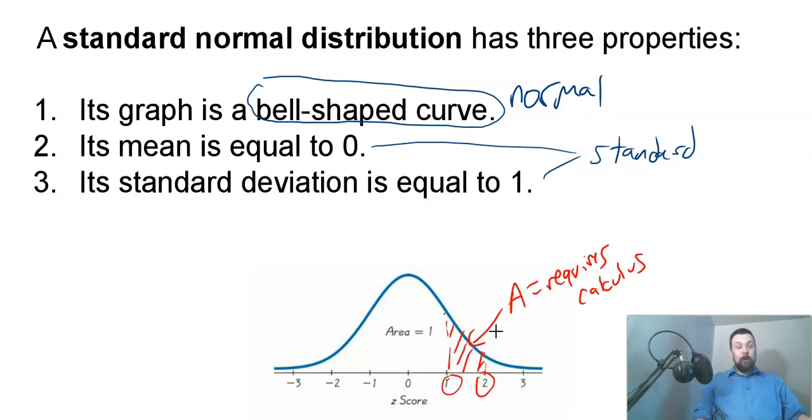In lieu of learning calculus, we are just going to let our calculator do the calculations for us. And the function on the calculator that finds this area for you is normal CDF.